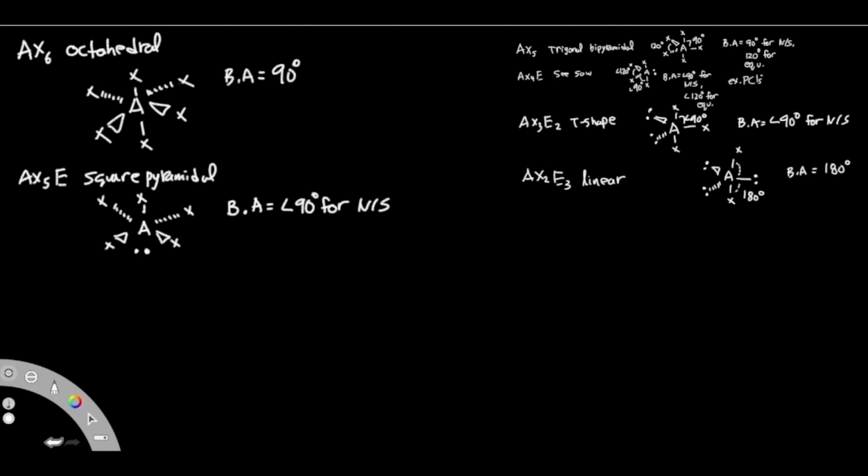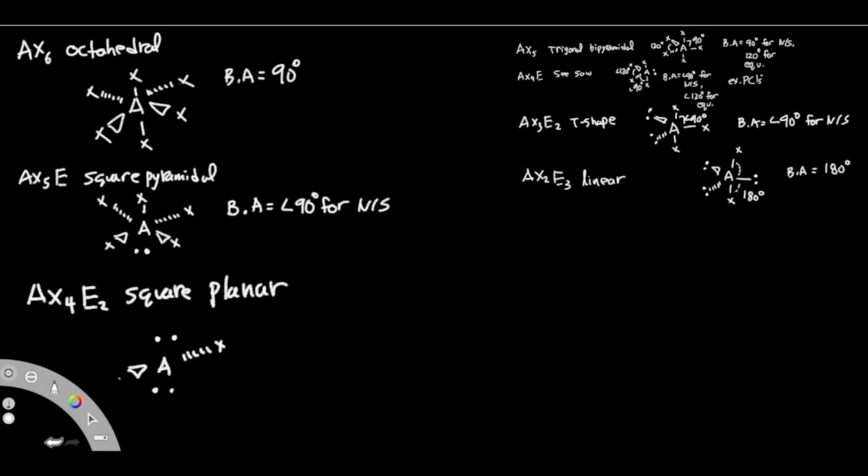Lastly, we have square planar. We have AX4, give an extra one to the E, so you get AX4E2. This is called square planar. And in the square planar, this X here is going to turn into a lone pair. Everything else stays exactly the same.